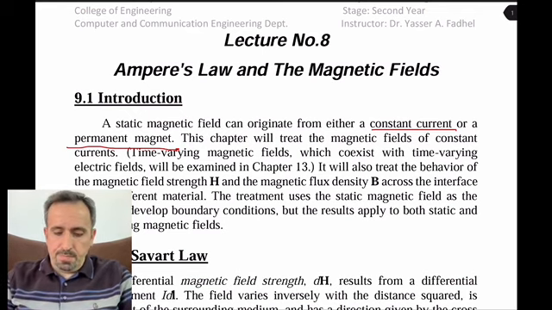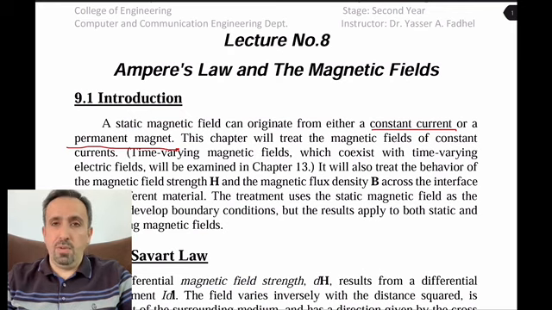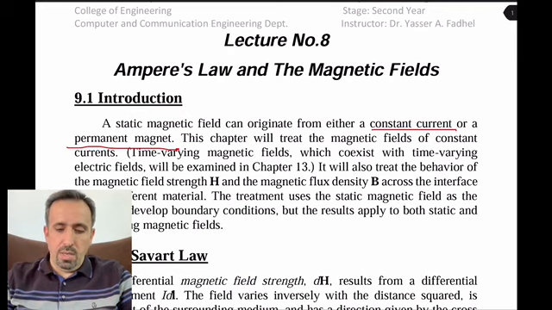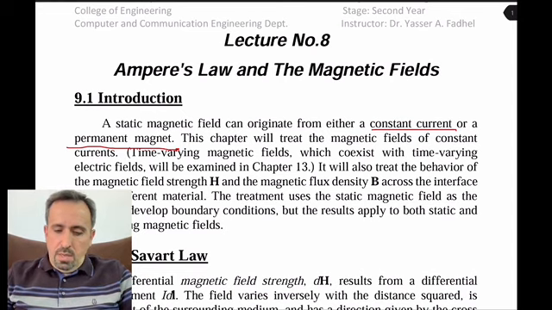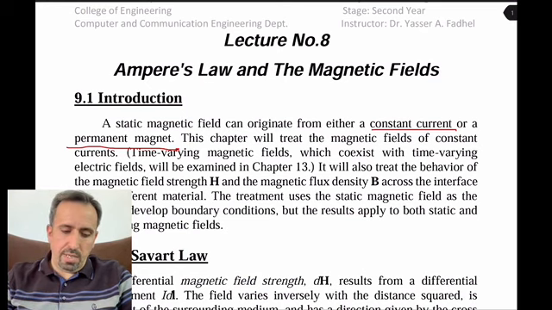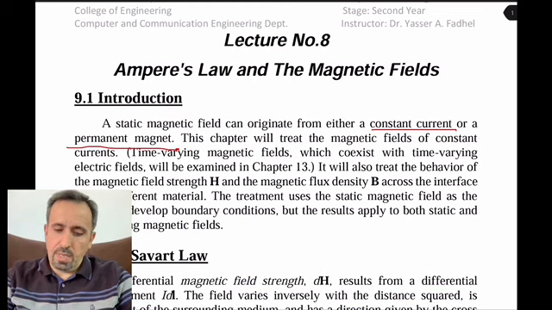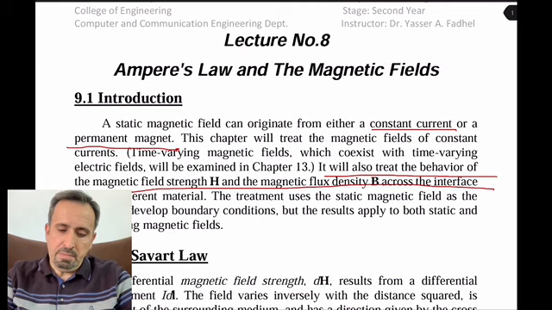So in this chapter we will be talking about static magnetic fields. We will not be talking about the time variant magnetic fields. It will also treat the behavior of magnetic field strength H and magnetic flux density B across the interface of two different materials.